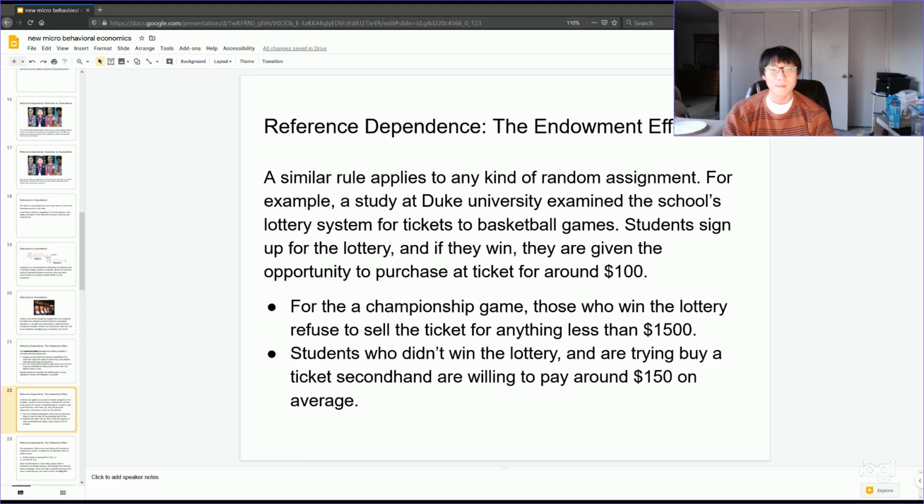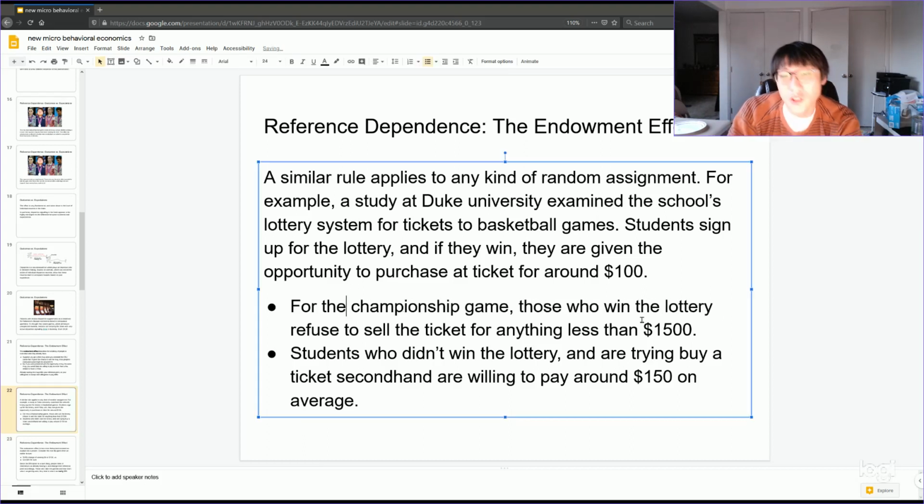And once again, based on whether or not you won this lottery, you see a very significant difference in people's willingness to pay and how they value these tickets. For example, if you're looking at the championship game, those who win the lottery really want to go to the game.